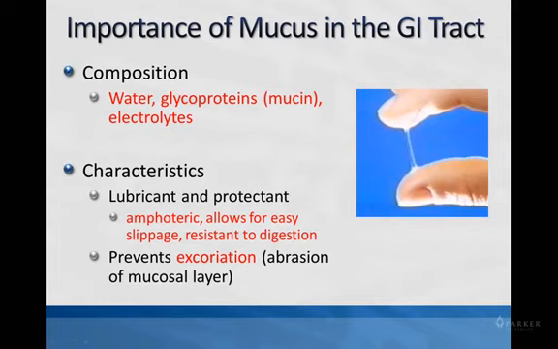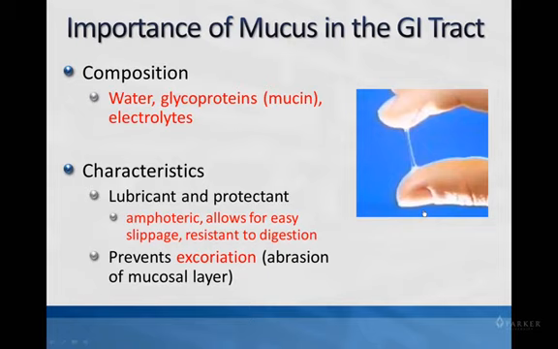Now, this picture shows you the consistency that you get because of mucin. It's not real thick, but it can be thick. Normal mucus should be able to move fairly easily, but it has a little bit of stickiness to it. The characteristics of mucin and mucus in general allow it to serve a number of different roles in the GI tract.